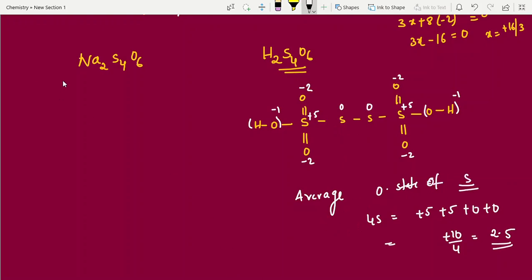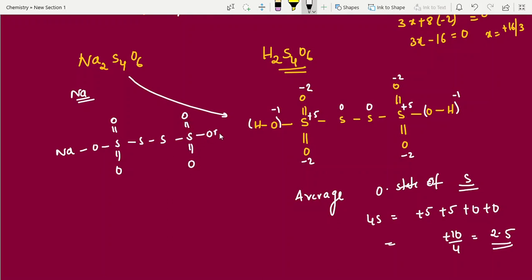See students, same here also. But instead of hydrogens, you can write sodiums. That's it. Here hydrogen is easily replaceable. Whenever metals combine, sodium will come and attack here. This is the structure I am writing. Go for calculation, the same one. You can try.